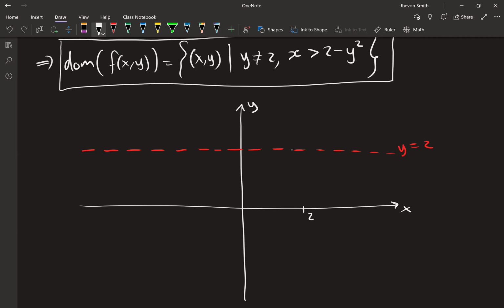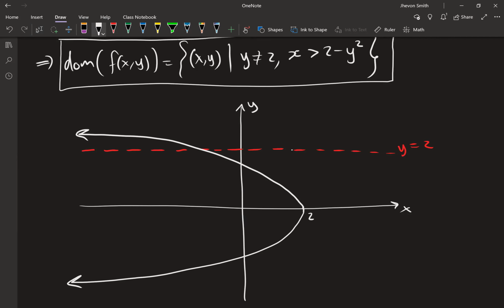And for x to be 0, your y would have to be radical 2. So it's going to go below that. So this here is at square root of 2. Okay. And now you want your x to be greater than this value.